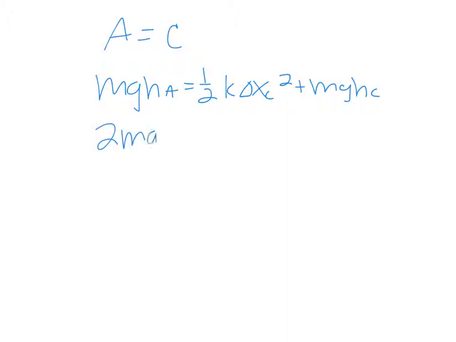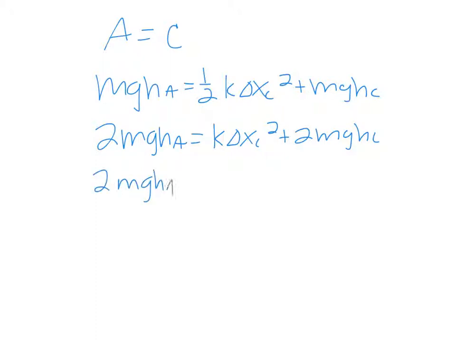So 2mg height at A equals k delta x at C squared plus 2mg height at C. Getting k by itself on the right hand side, 2mg height at A minus 2mg height at C over delta x at C squared equals k.